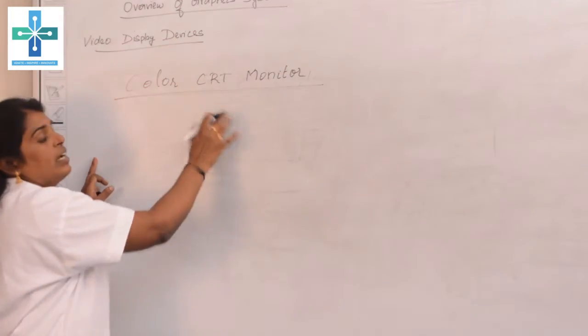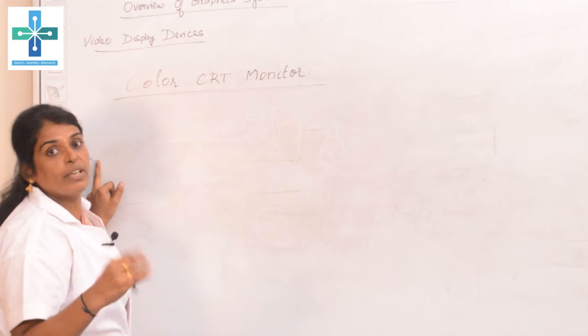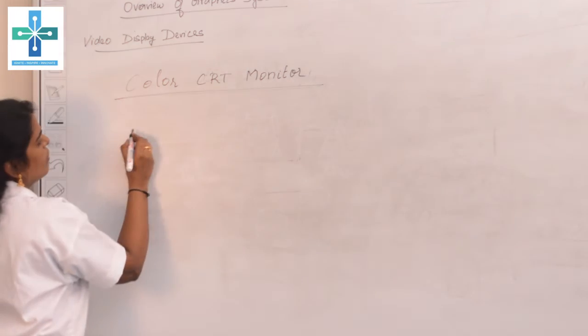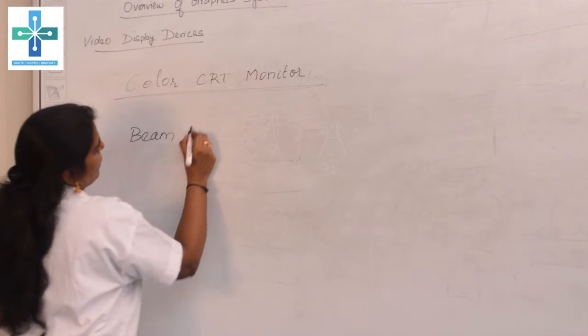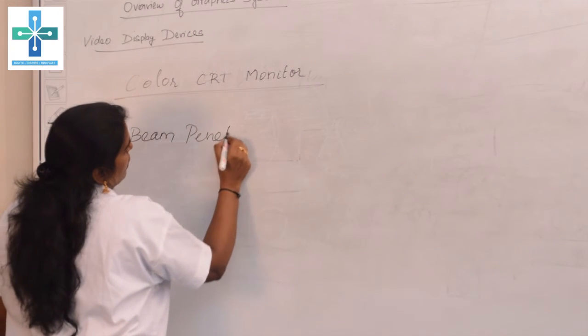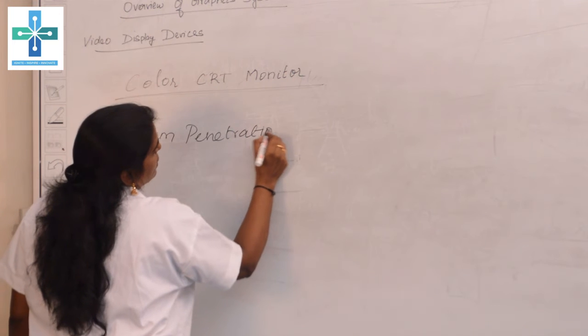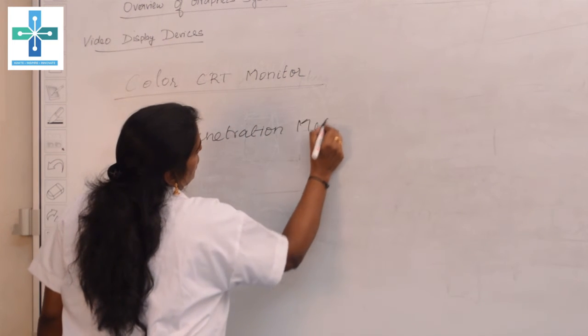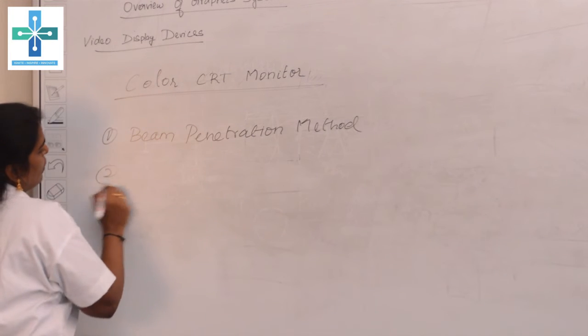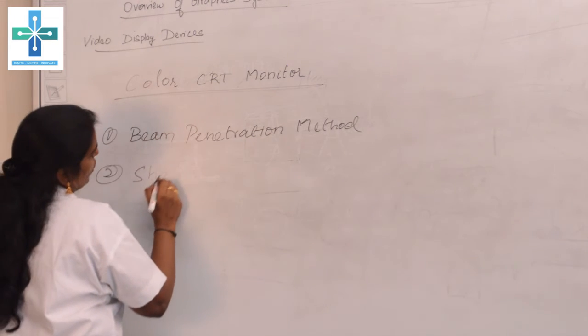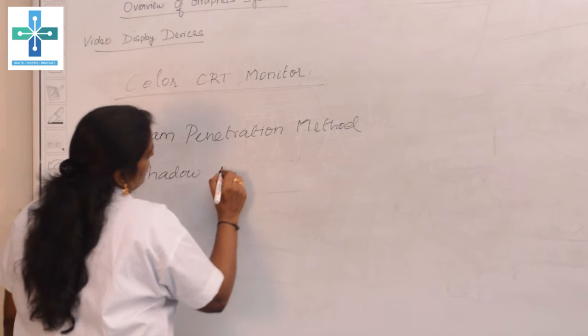So, color CRT monitors can be used by two types of methods. One is the beam penetration method. Another one is the shadow mask method.